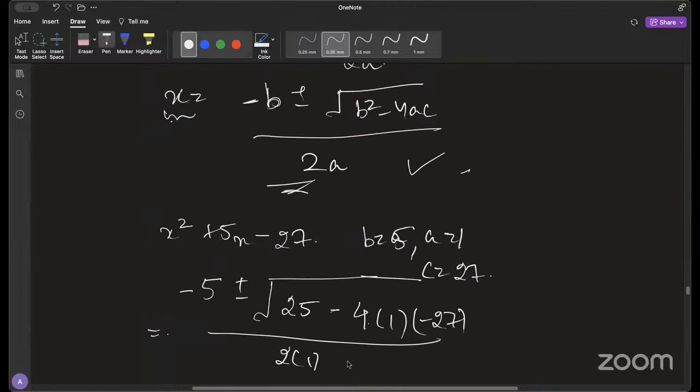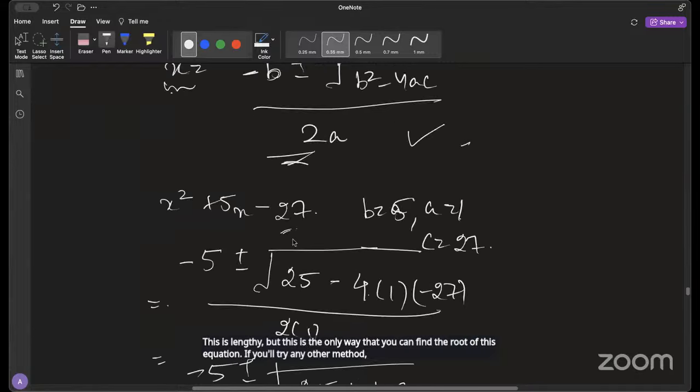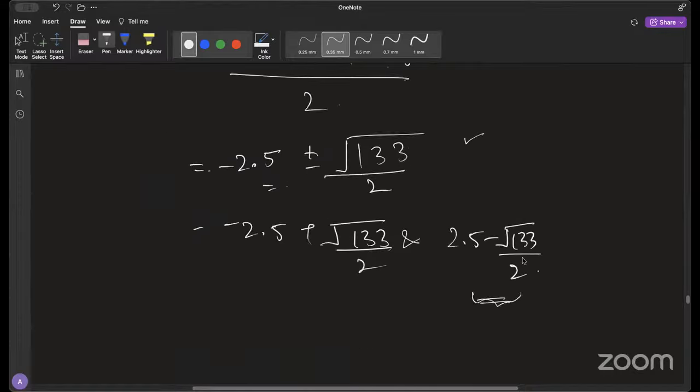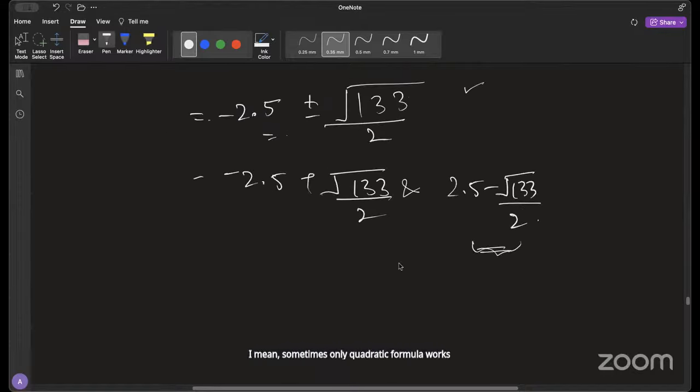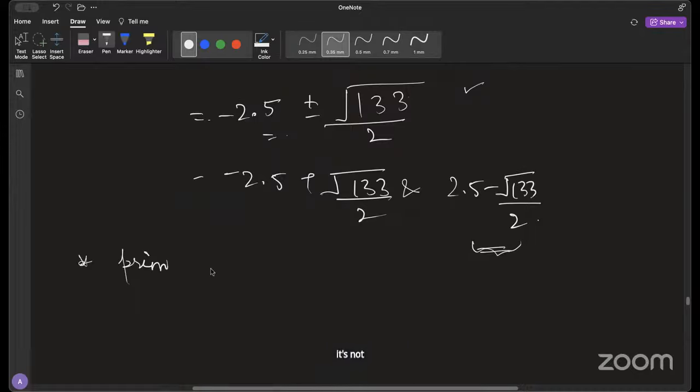This is pretty lengthy, but this is the only way that you can find the root of this equation. If you try any other method, you won't be able to find the root of it. So sometimes only the quadratic formula works and no other method. What we've discussed so far is prime factorization, which is not going to work in this case, then the trial method, and then completing the squares.